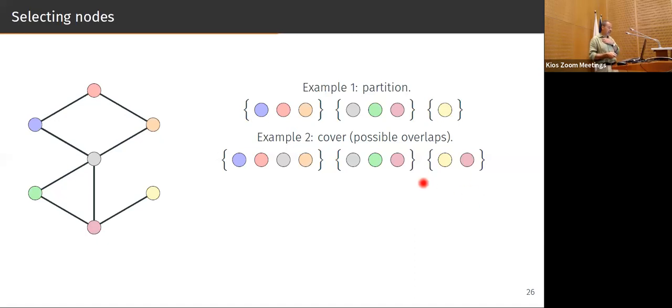In this case, for instance, we have this purple node, which goes in this meta node here and also here. Then, of course, we will need to decide how to assign the features to the nodes and how to connect the nodes, but those are different steps.